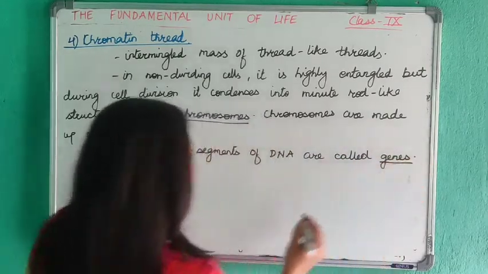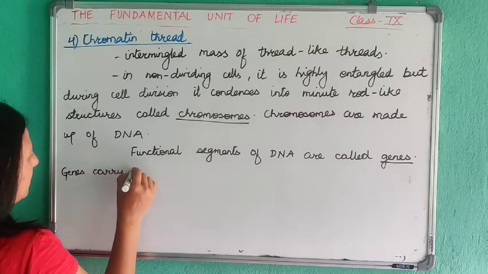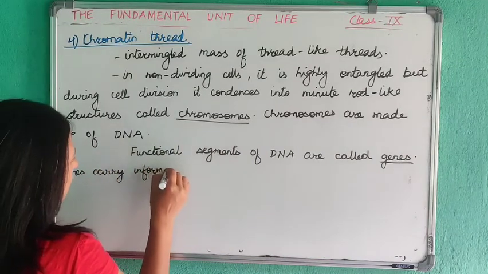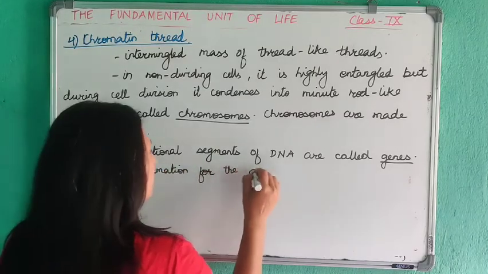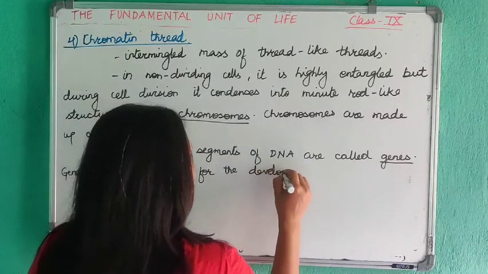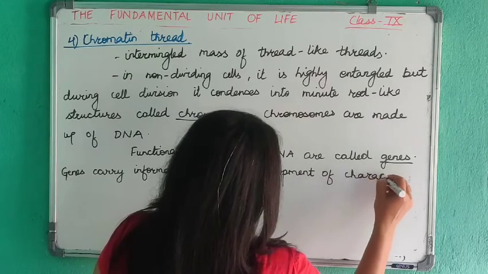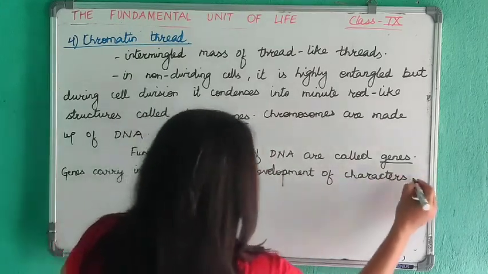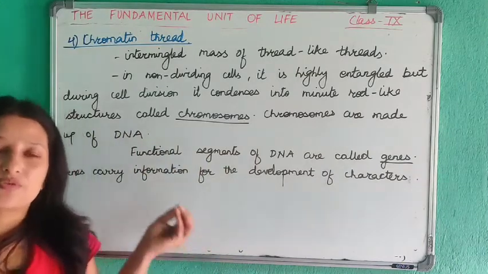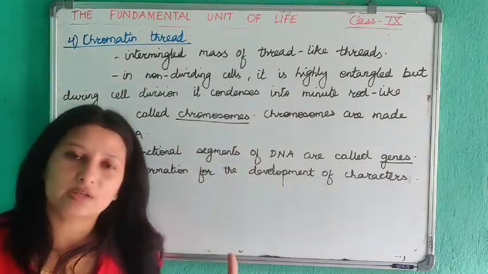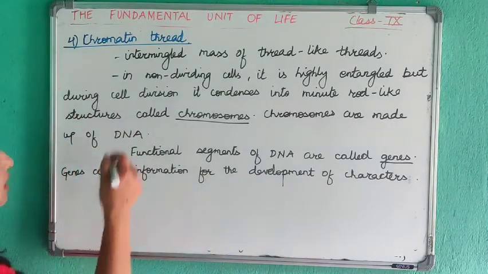Okay, genes ले के गर्छ भन्दा चाहिँ genes carry information for the development of characters as they help in transmission of characters from one generation to another generation. हेर्नुस् है, कन्फ्युज नहुनुस्.